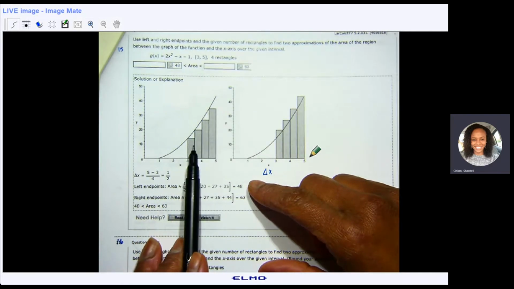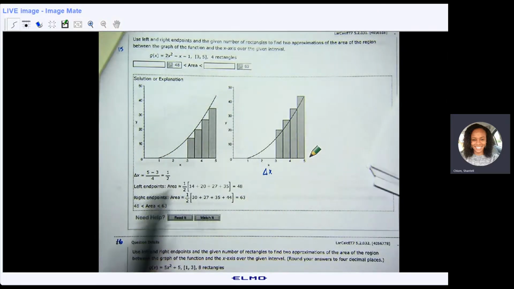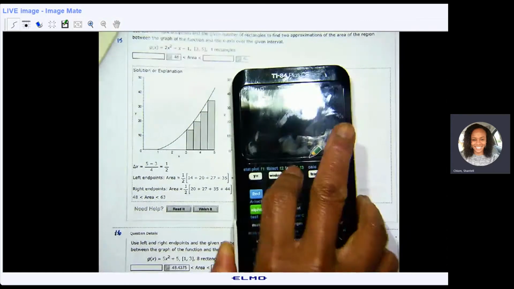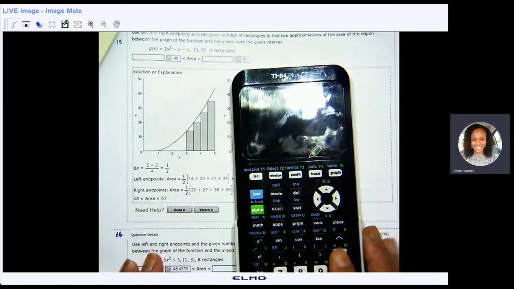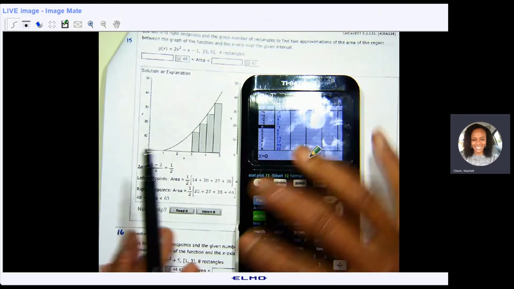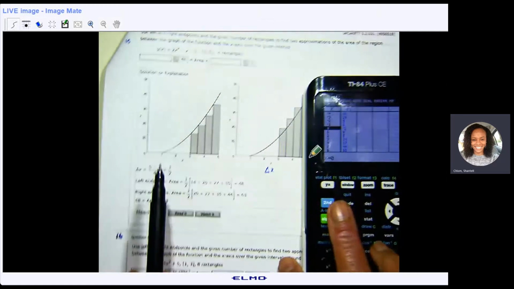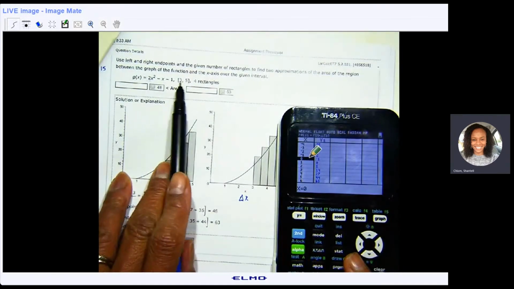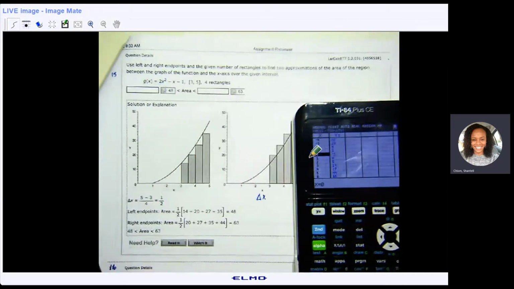Even if your problem doesn't provide your graph, that's okay, and you don't even have to sketch it. What we're going to do is notice that you are dividing up your interval from 3 to 5 into 4 rectangles.